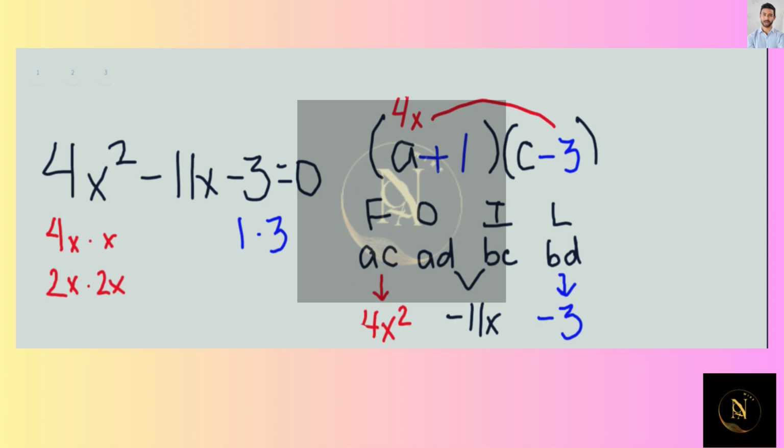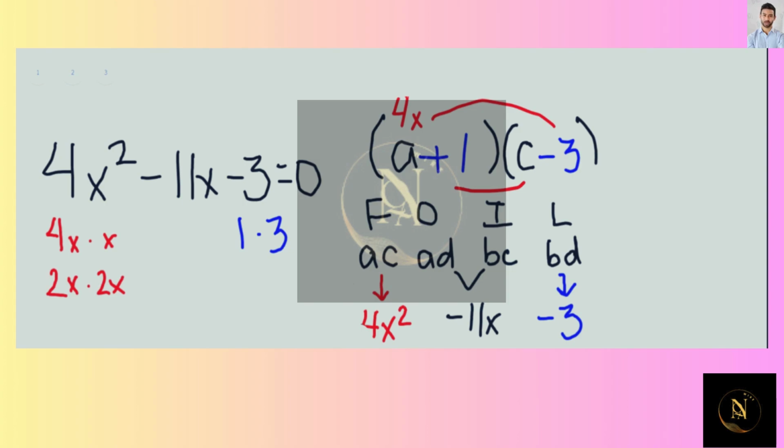And then if I multiply my 1 times my c term, which would be 1, that would give me positive 1. Negative 12 plus positive 1 is negative 11.